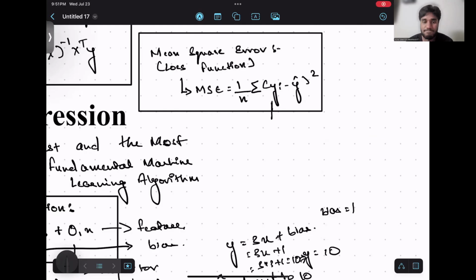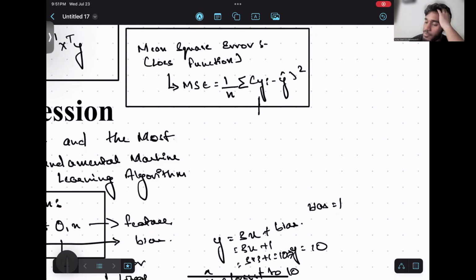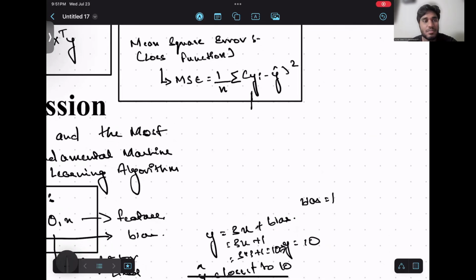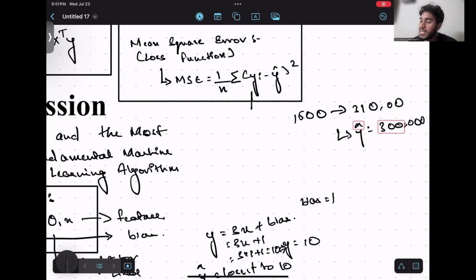For example, suppose for a house of 1,500 square feet the actual price is 310,000, but the model predicted somewhere around 300,000. So the error here is 310,000 minus 300,000, which equals 10,000.